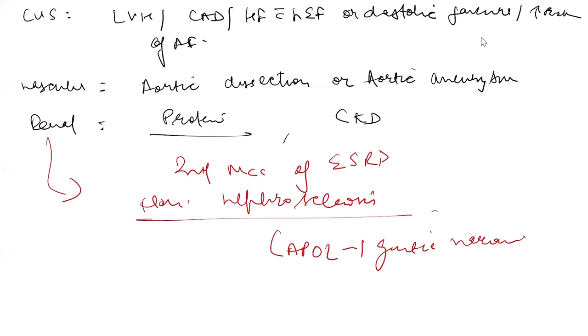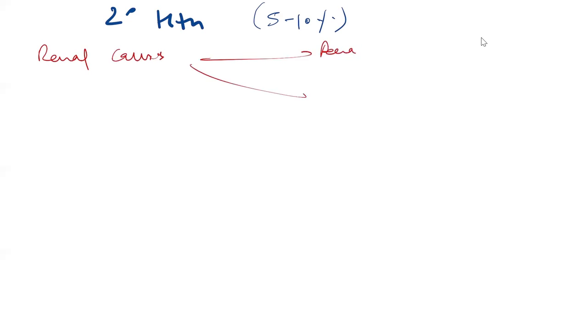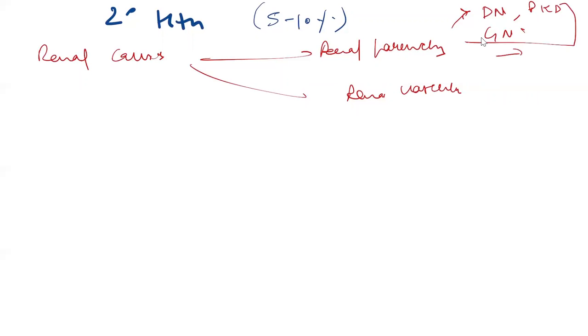Now we have secondary hypertension. As we have already discussed, only 5 to 10% of cases of hypertension are due to secondary causes, in which first is renal causes. In renal causes, we have renal parenchymal causes or renovascular causes. Renal parenchymal causes are diabetic nephropathy, polycystic kidney disease, glomerulonephritis. The investigations used for these are urine analysis, KFT, and ultrasound.